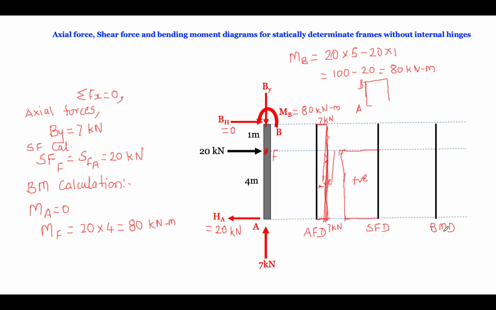Now coming to the bending moment diagram. For the bending moment diagram, there is bending moment 0 at this point, and we could calculate the bending moment as 80 kilonewton at point F. So let us plot 80 kilonewton here.